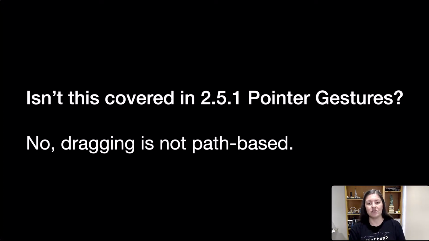You can do a loop-the-loop, you can do laps around the screen, it really doesn't matter. As long as you pick up from point A and you terminate at point B, the path is irrelevant. So, hence, dragging movements has come into play to basically fix that gap in pointer gestures.